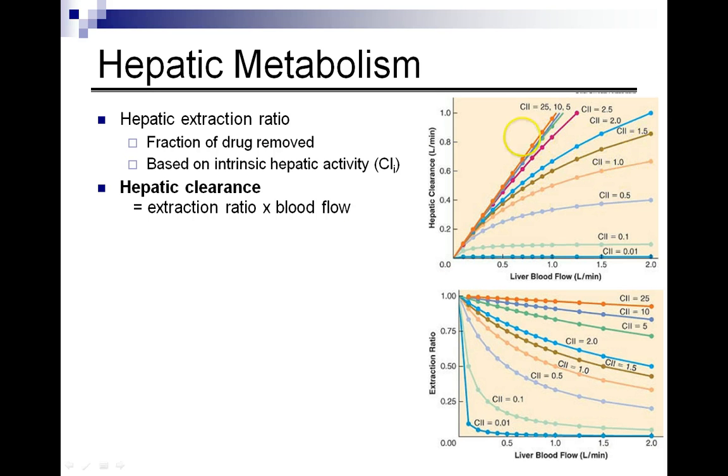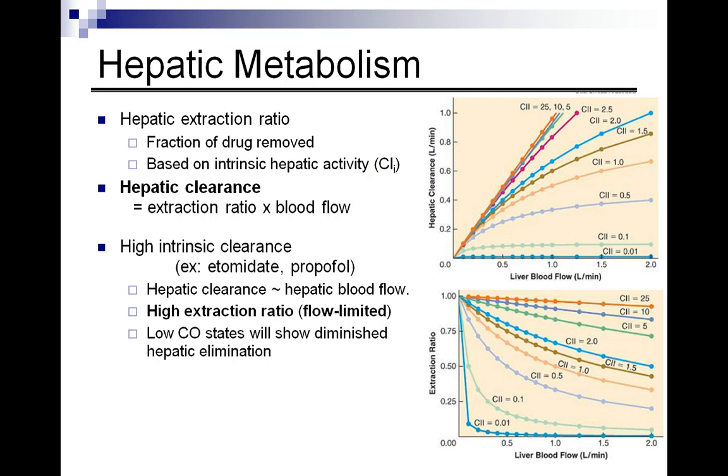But if we imagine a different drug, one that has much less intrinsic hepatic activity, this is a drug that is not as easily metabolized by the liver. So at low liver blood flows, well, the liver can keep up. But as we send more and more blood to the liver, it maxes out. It can't clear any more drug per minute. And that's because the drug does not have very much intrinsic hepatic activity.